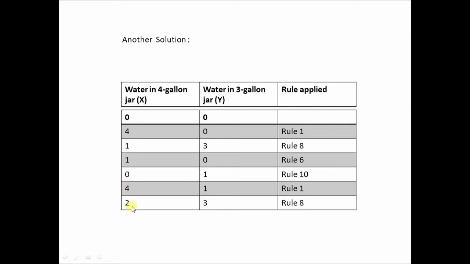Because of this, I feel that solution 1 is the optimal solution compared to this solution. Now whenever you are solving any games or problems like this, you are bound to get multiple solutions, but the artificial intelligence machine should be able to give you the optimal solution.